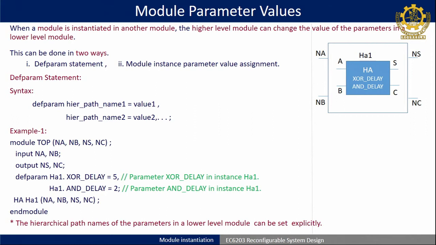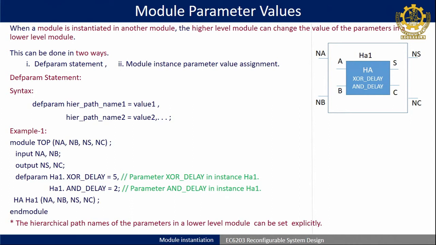That can be possible. We can't restrict that both should be the same. It depends upon our application. So, there should be some methodology from the top module itself by which we can override the parameters of the sub module. That is the question now.